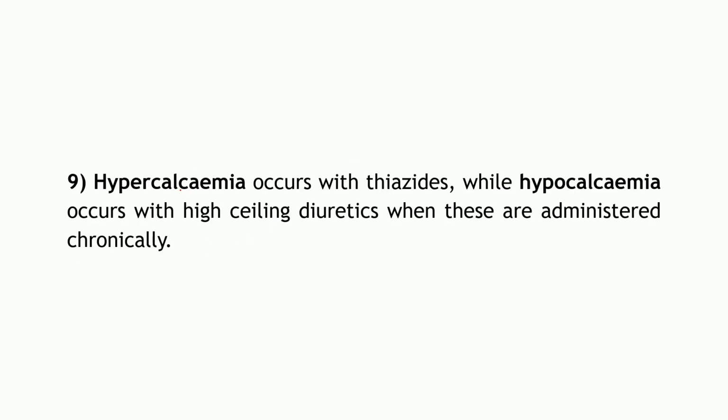Next complication which is produced relates to your calcium. Now if you can remember the actions of both these drugs, Thiazides decrease the calcium excretion, whereas high ceiling diuretics increase the calcium excretion. So accordingly, it will produce different complications for both the classes.